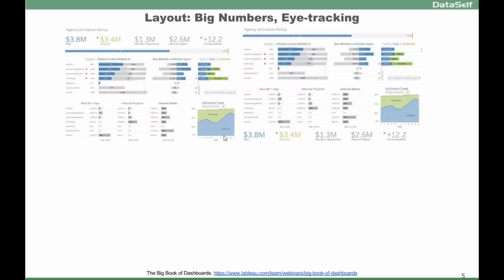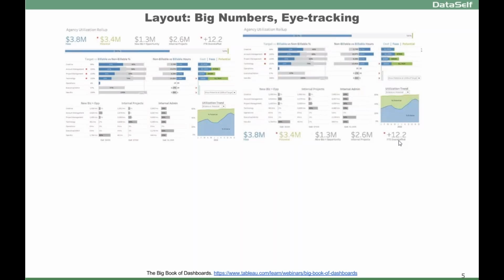This one is about big numbers on dashboards and eye tracking. I have here side by side the same dashboard where this one on the left, we have big numbers at the very top. In this one, the big numbers are at the bottom. Everything else is exactly the same.